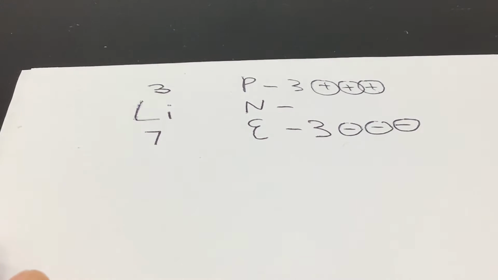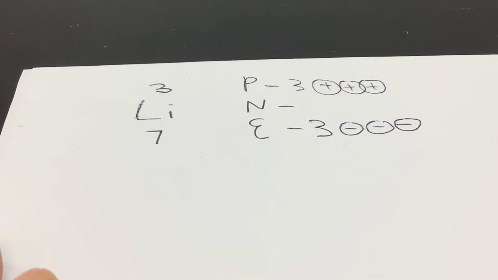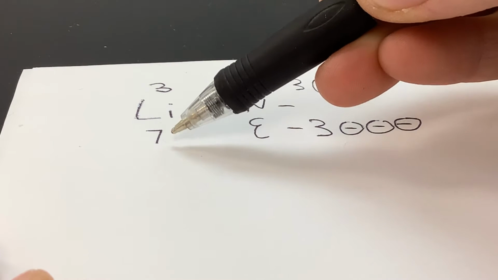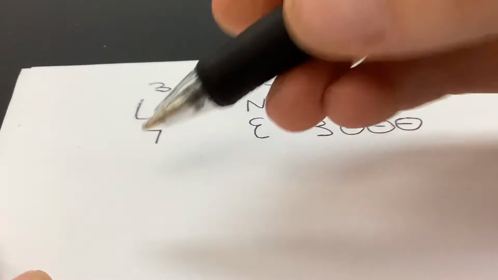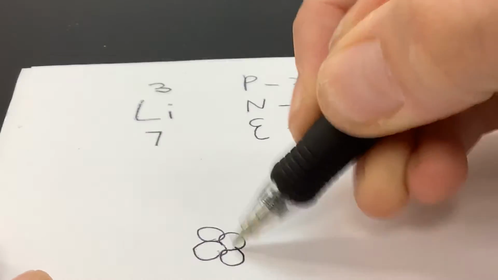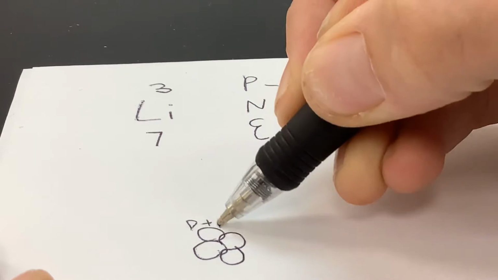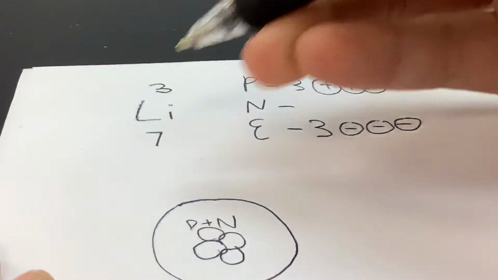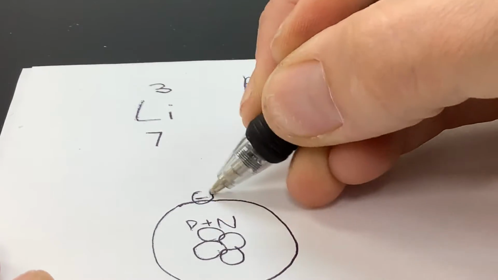Now, it really doesn't matter how many neutrons you have, because neutrons are neutral and don't have a charge, but the way you figure it out is this. The atomic mass, remember, mass is weight. What weighs the most? In the nucleus, you have protons and neutrons, and in the shells around it, you have electrons.